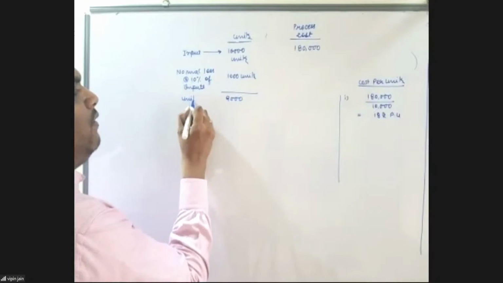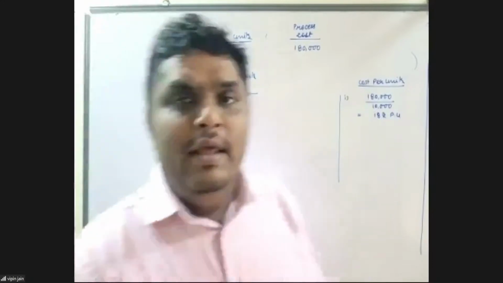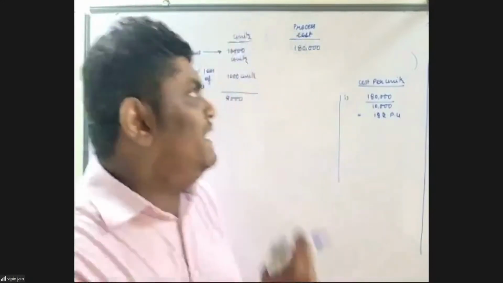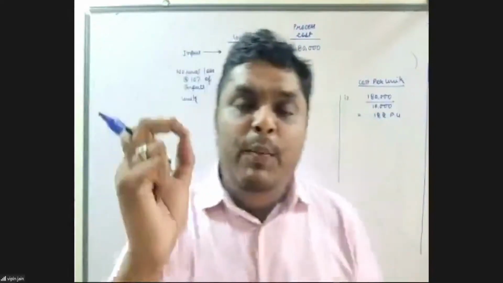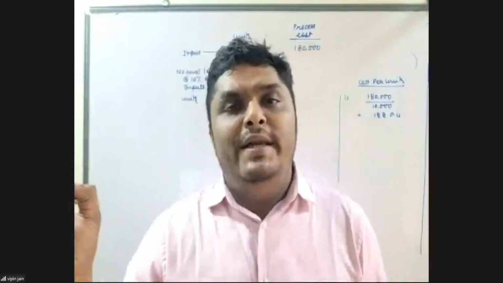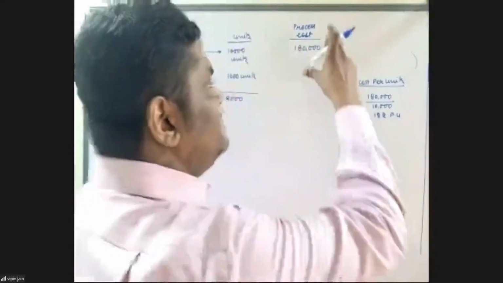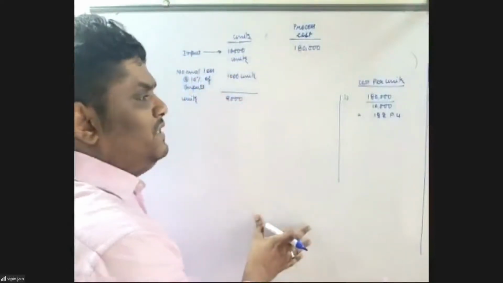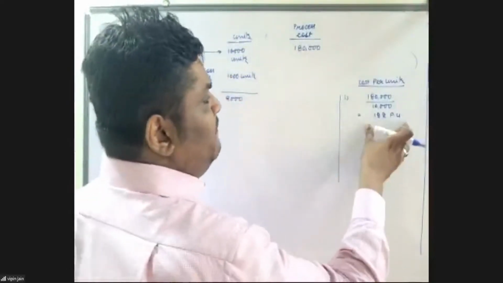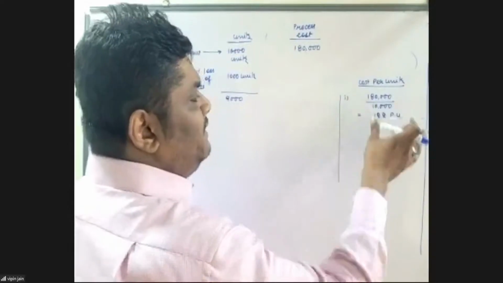9,000 units. I repeat again, in the first situation, I have taken an input of 10,000 and my output is 10,000. मेरा input भी 10,000 था, मेरा output भी 10,000 था, and my process cost was 1,80,000. So we can easily calculate the cost per unit, that is 1,80,000 divided by my 10,000 units.